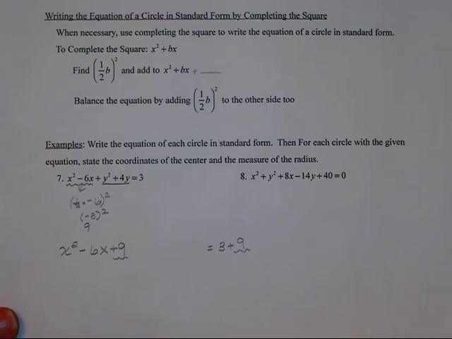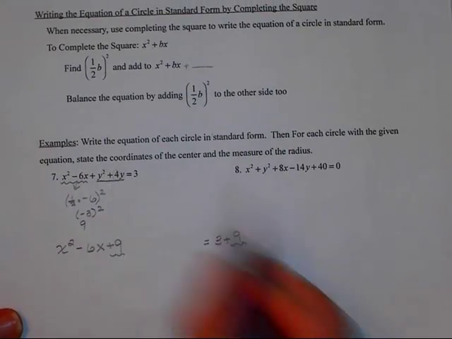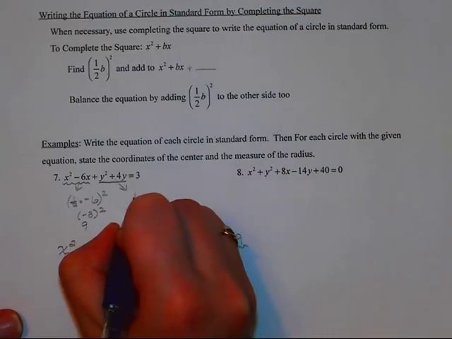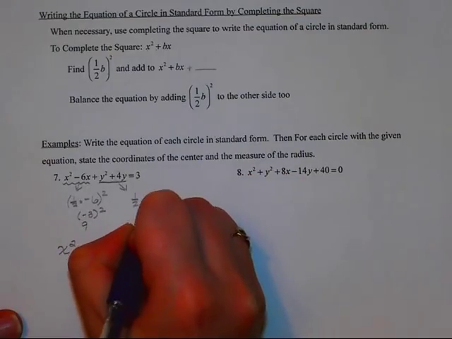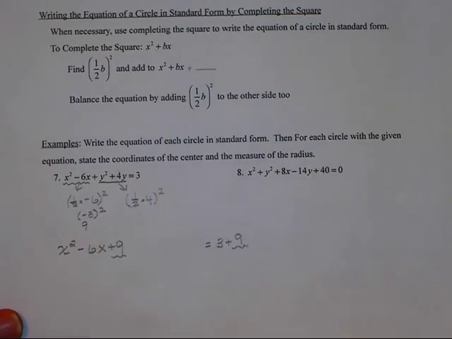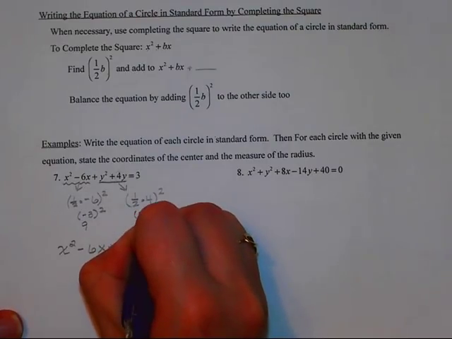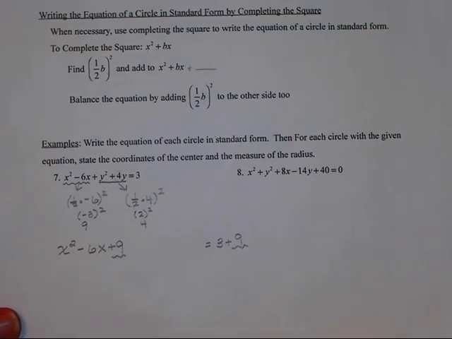Okay, now we're going to complete the square with the y's. The b value for the y's, or the number attached to y, is 4. So in order to complete the square, we take half of 4 and we square it. Half of 4 is 2. 2 squared is 4.